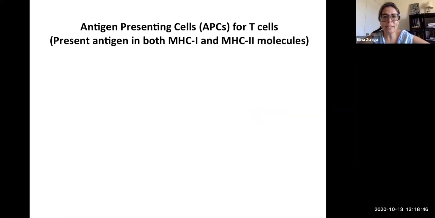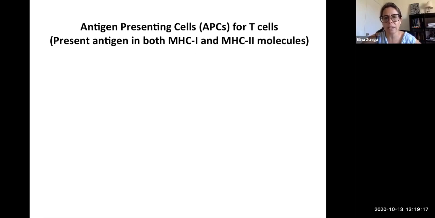And so which are these professional antigen-presenting cells that are displaying these MHC molecules to the T cells? Well, the ones that express both MHC1 and MHC2 molecules are called antigen-presenting cells. But MHC class 1 molecule is in every cell of our body, okay?